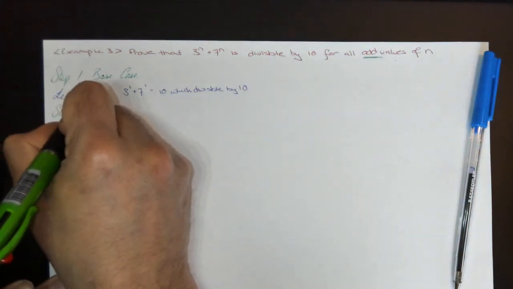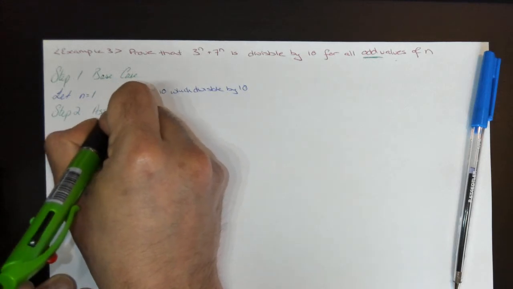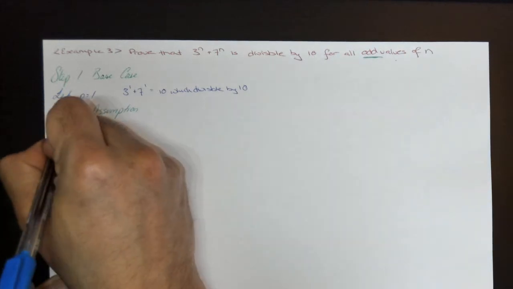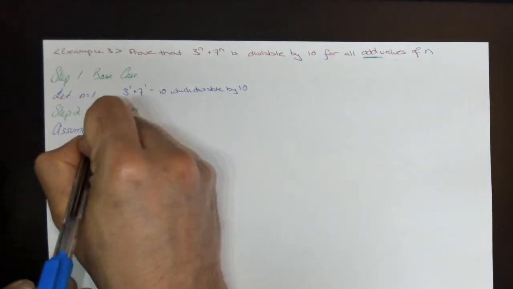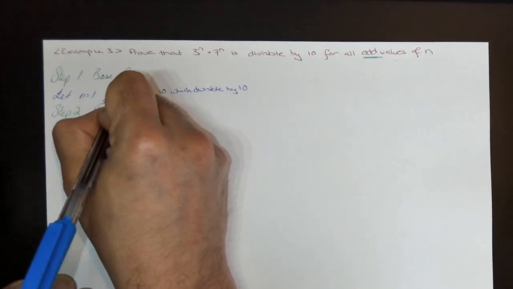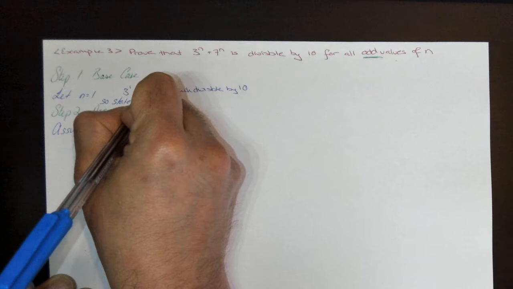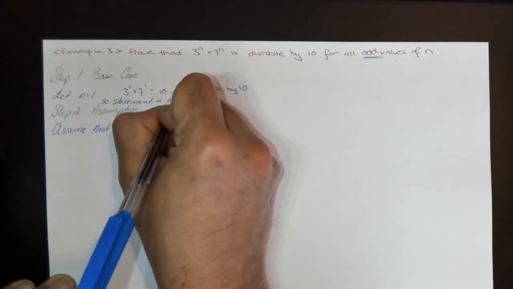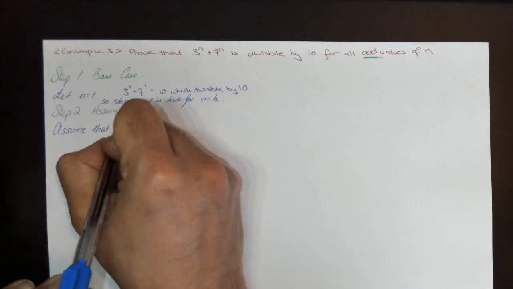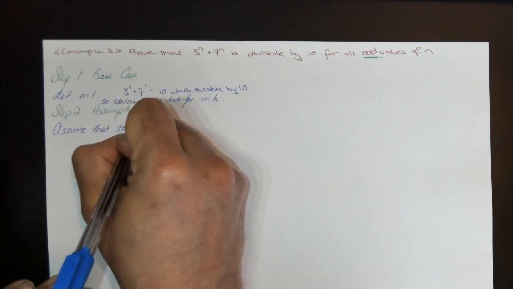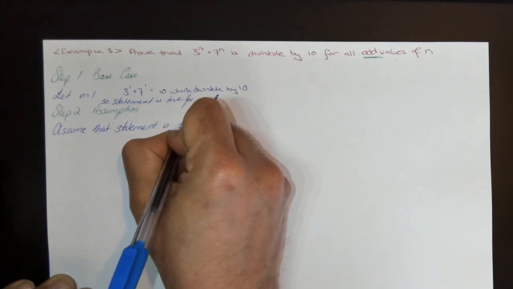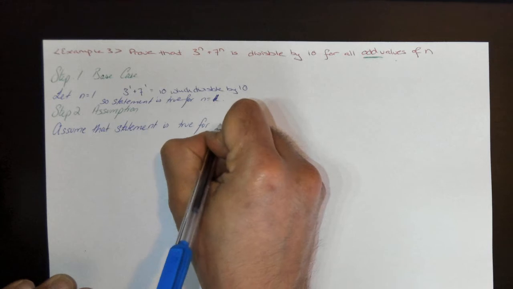Step 2, the assumption. We're going to assume that the statement is true for n equals k.